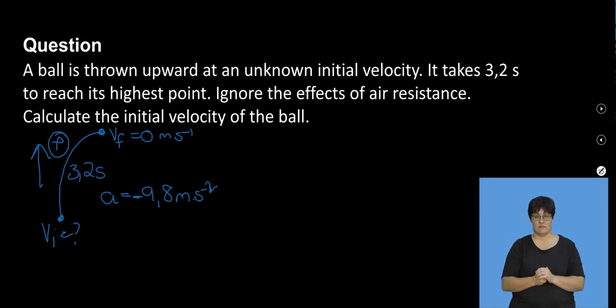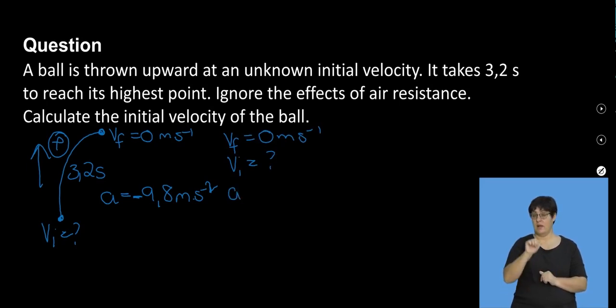We like a question like this because hopefully you can already see VF is 0, VI is what I'm looking for, A is minus 9,8, and delta T is 3,2 seconds.